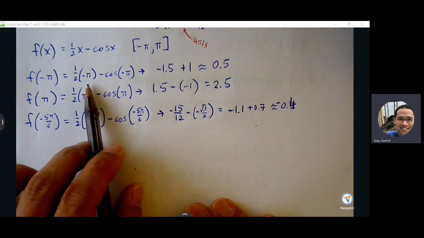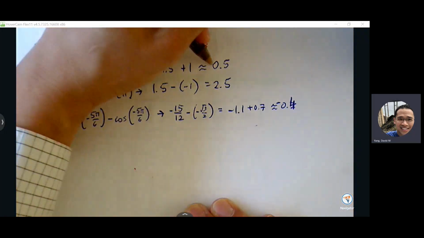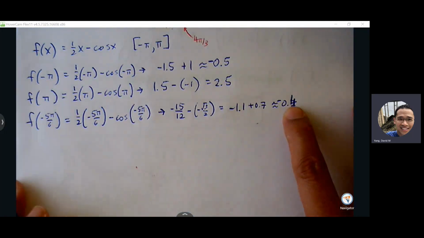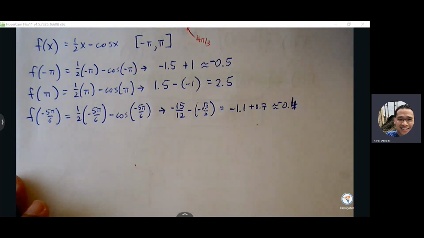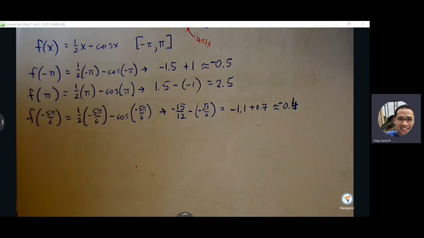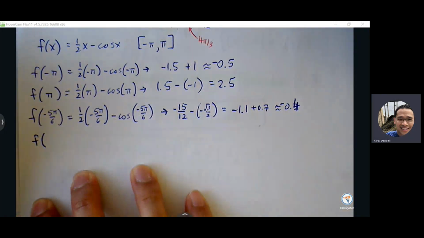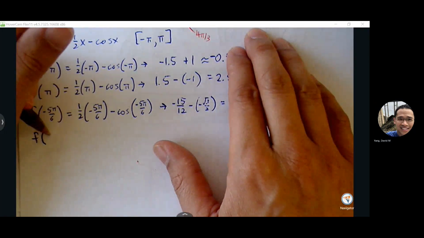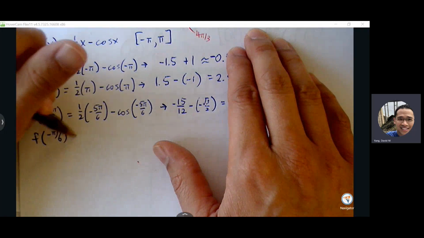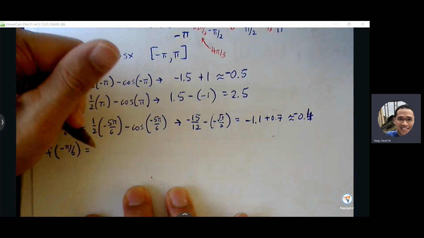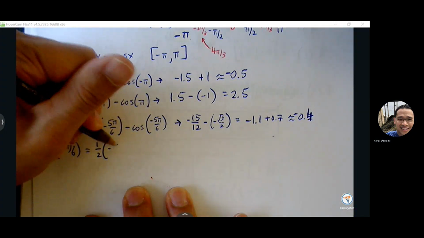This should be at negative 0.5. So we know it's going to be slightly higher, but not much higher. It's going to be barely above my starting point. Okay, and then I'm expecting a relative minimum at negative pi over 6. So I'm just inserting into the original function to get an idea where it lives.